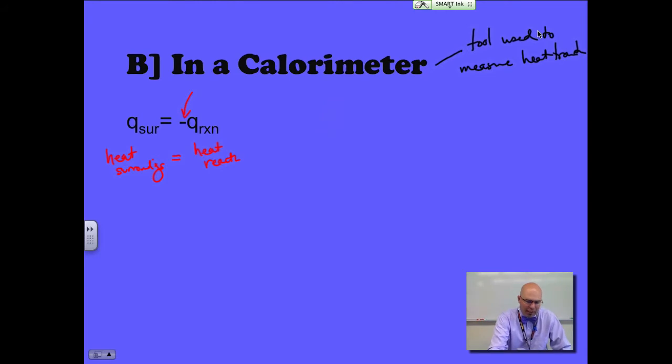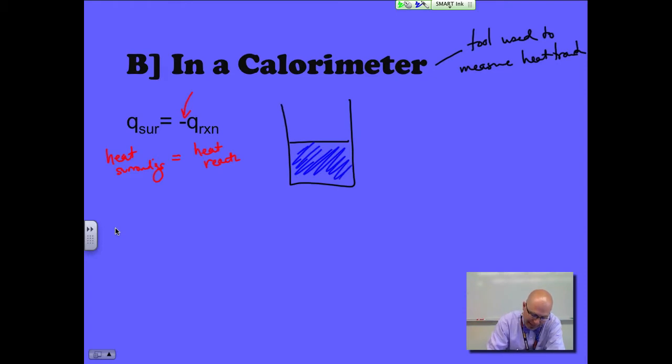If I say we're going to do a reaction with a calorimeter, we've got a calorimeter with some water. Here I have some water, and I have 50 grams of water. Can you see the blue? I think you can. 50 grams of water. I could say, just so that I remind you all, if you have 50 milliliters of water, the only little wrinkle here is to remind you that the density of water is 1, so that if you have 50 milliliters, you have 50 grams.